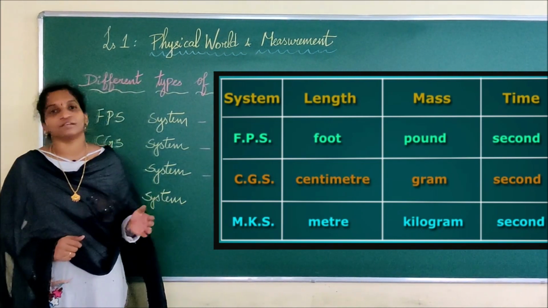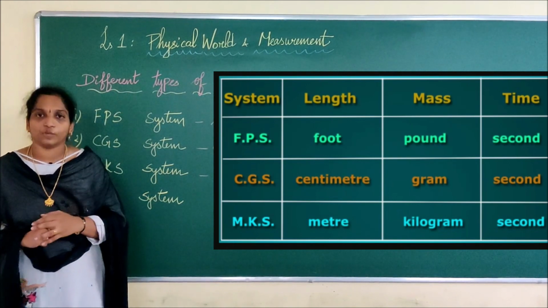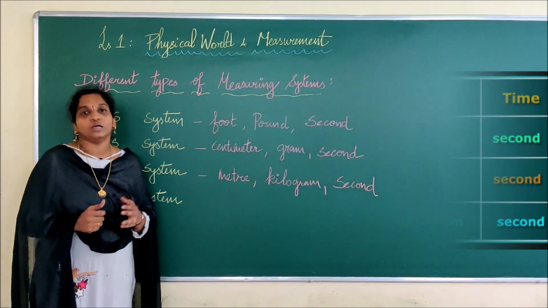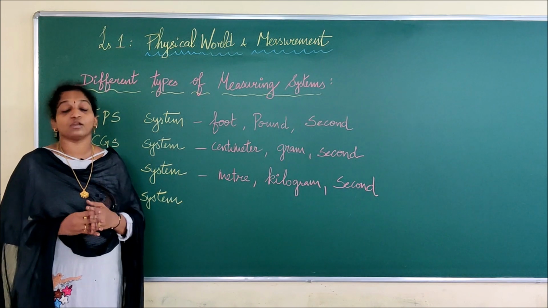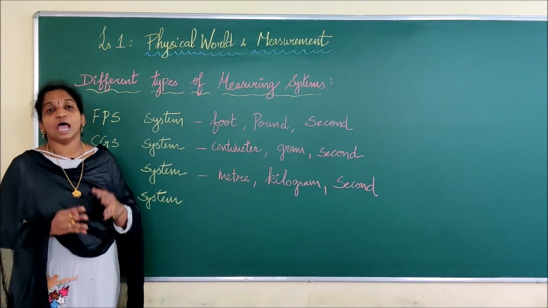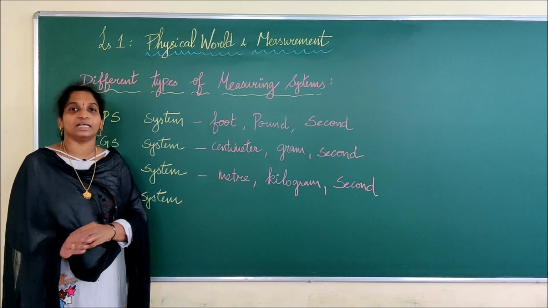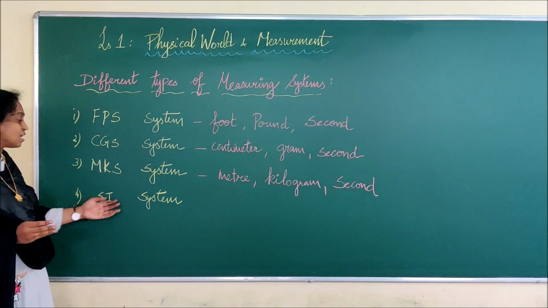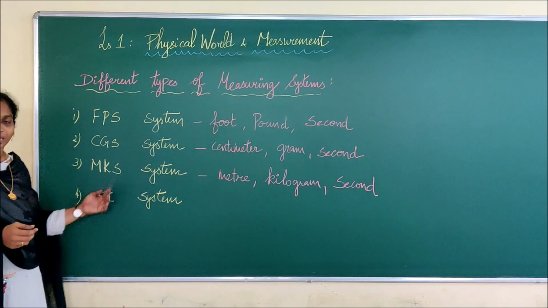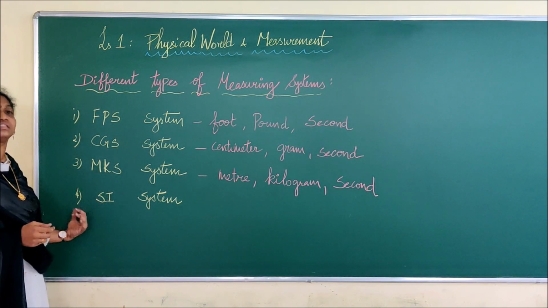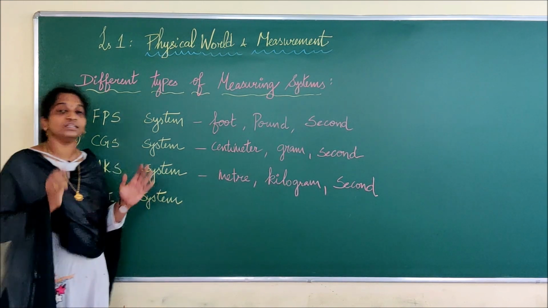So later in the 1970s, all the scientists joined together and held a conference, the General Conference on Weights and Measures, and they accepted the basic units, which were called the SI system of units. What does SI stand for? It is Système International.